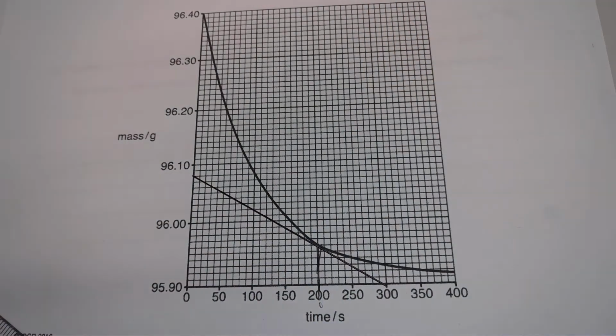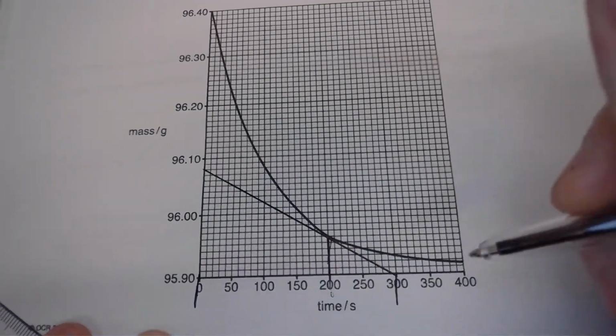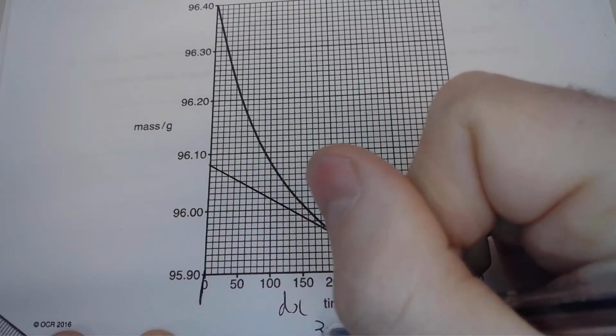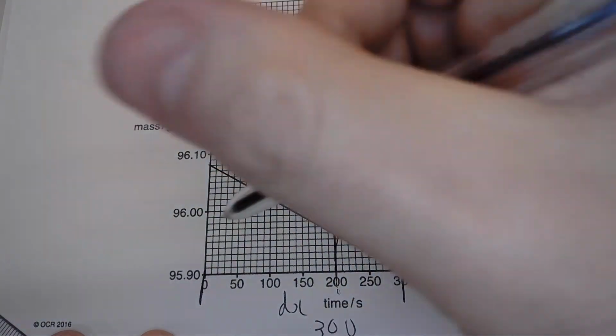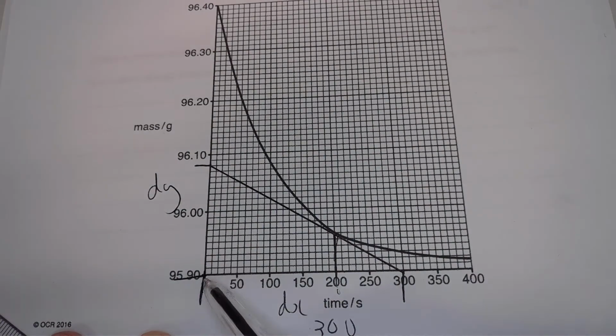Okay. Now, from here to here, the bottom of that triangle, is what we call the difference in x, dx. It goes from 0 to 300, so it's 300. Then from here to here is dy. You've got to be careful here because we're not starting at 0.